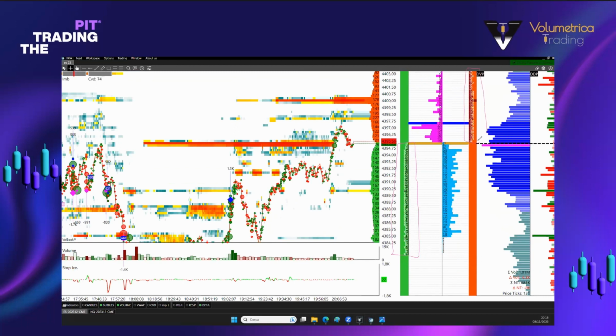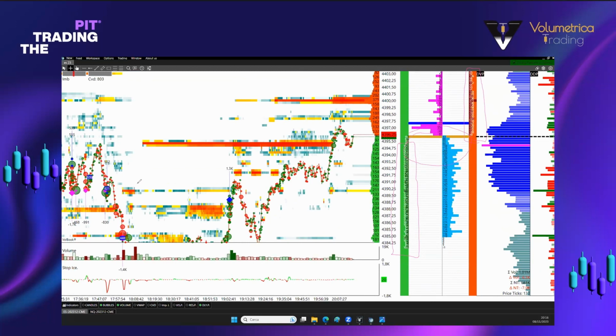That's the ask. The yellow line is the currently traded price. Well, let's just focus on this histogram right here, okay?